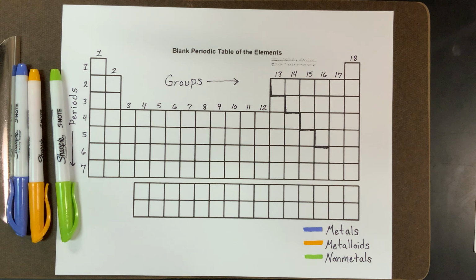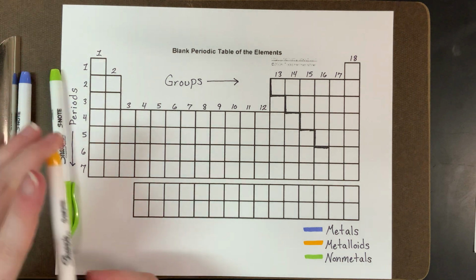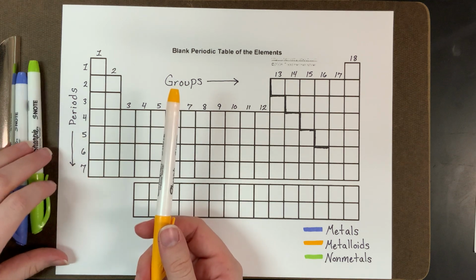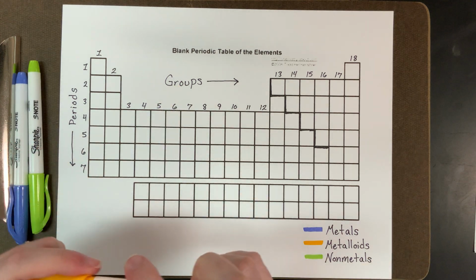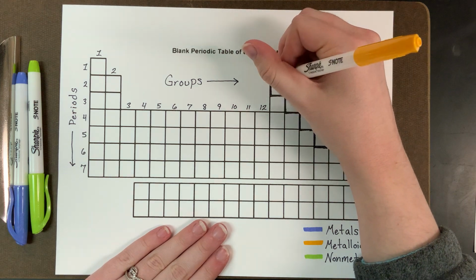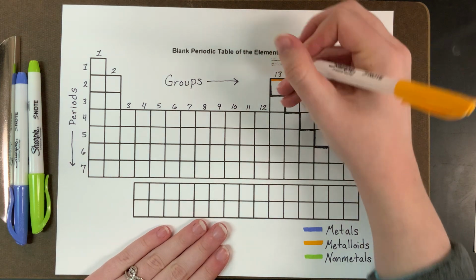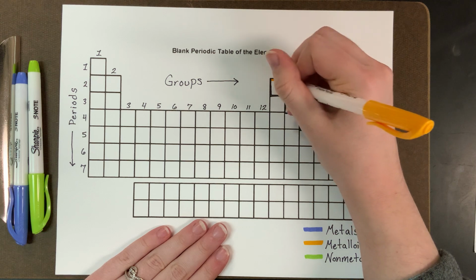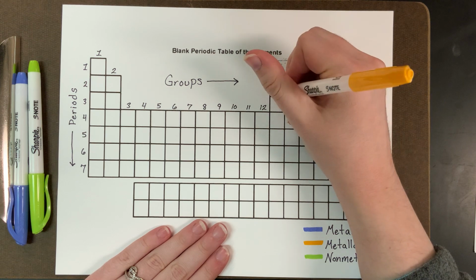Now I can go in on the periodic table and start outlining each of the boxes. I'm going to start with the metalloids because those are the ones that are hardest to identify and they help separate the other 2 sections. So I'm just going to outline all of these boxes that are a part of the metalloid section.